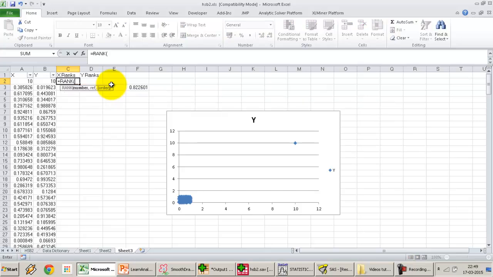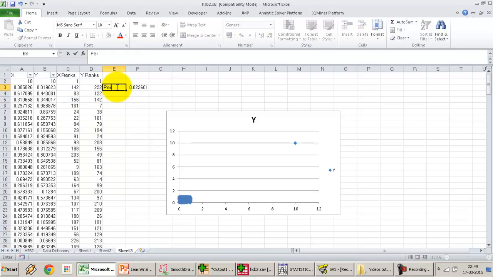Rank this x value in the whole data set, and similarly rank the y value in the whole data set. And I'm going to run this all the way down. So this was Pearson's coefficient. Let's talk about Spearman's coefficient.